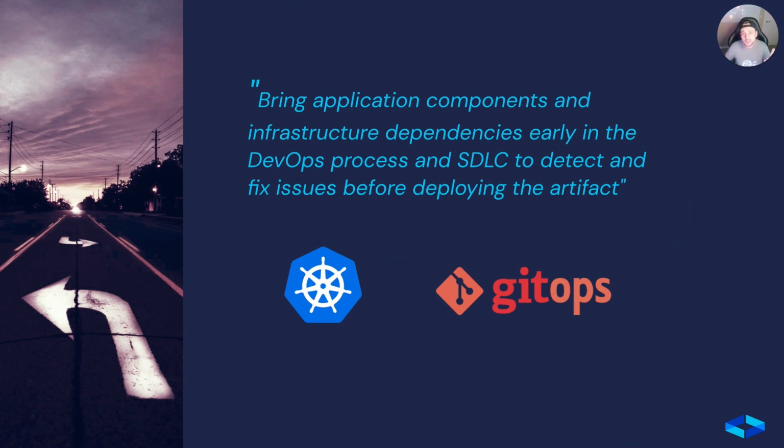The initial idea is to test software very early in the CI pipeline and the software development lifecycle to detect and fix any issue before the code is actually deployed. In the context of Kubernetes, as it includes many infrastructure components, this means that they must be defined alongside the application code.